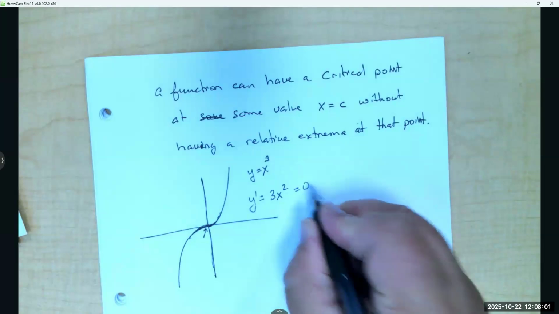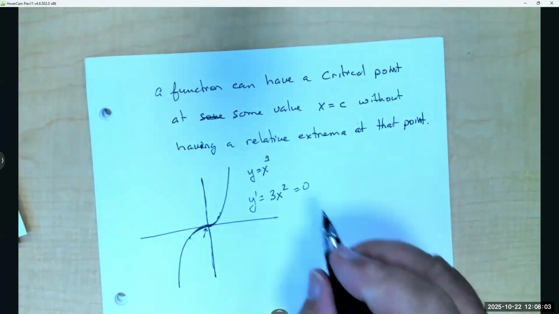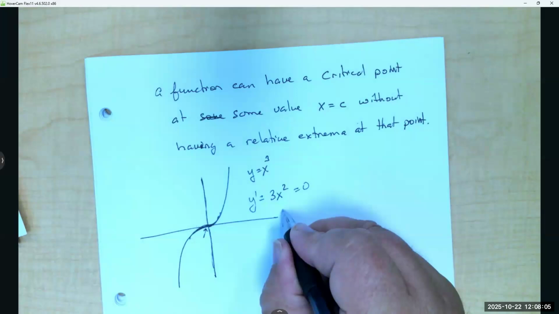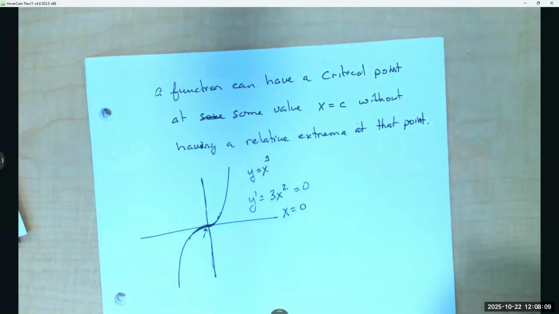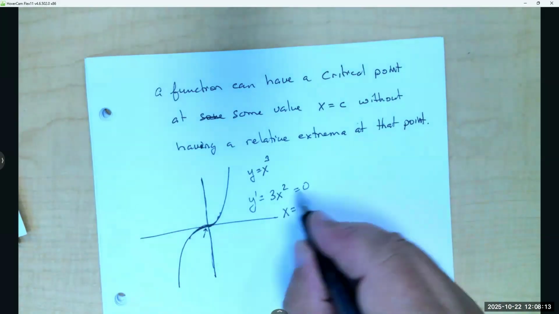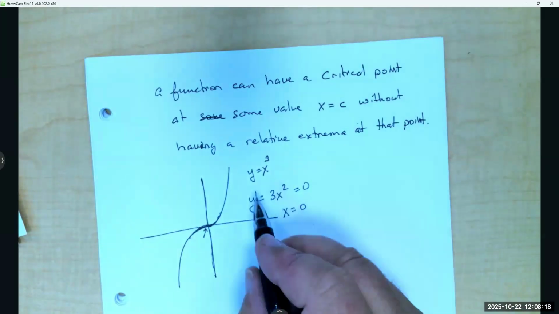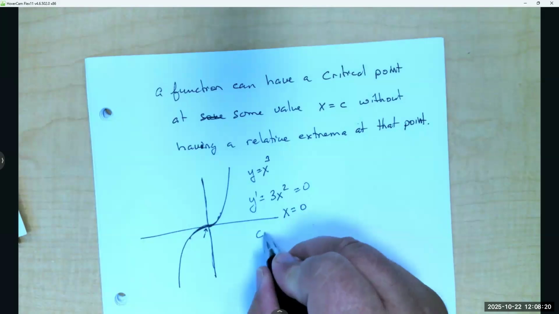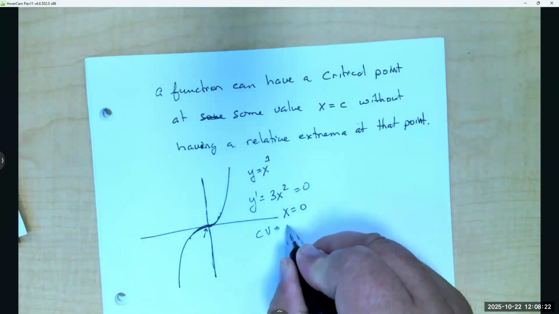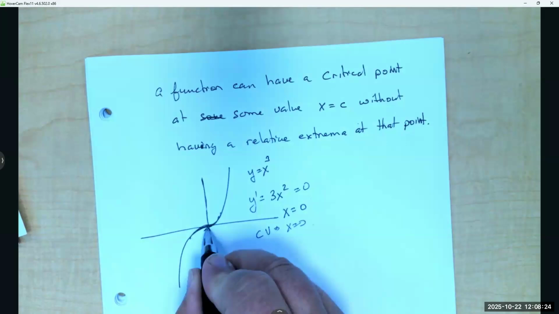Set that equal to 0. What does x equal? 0 over 3, square root, divided by 3, it's still 0. Square root of 0 is still 0. So that means our critical value is x equals 0.